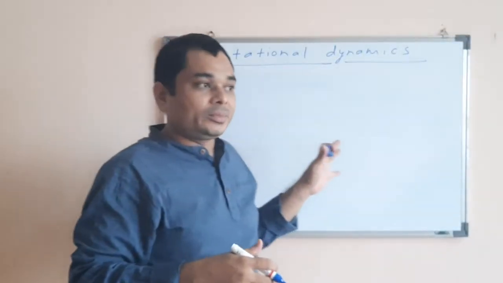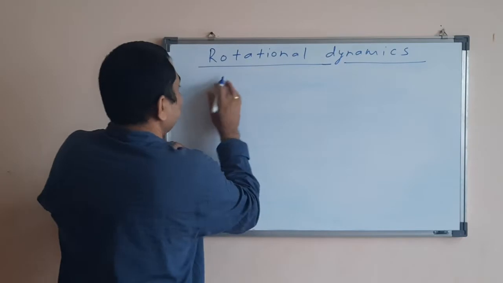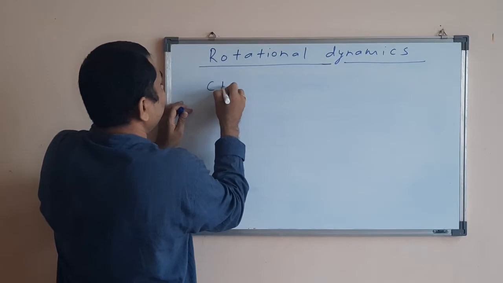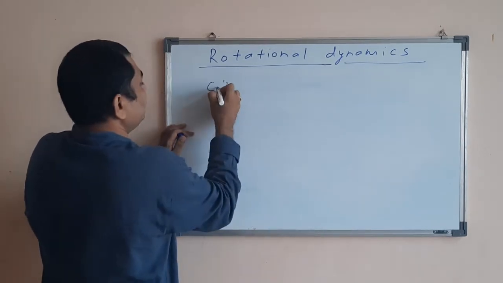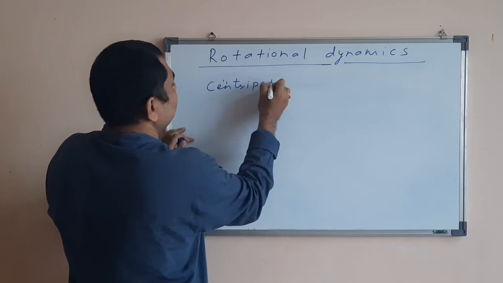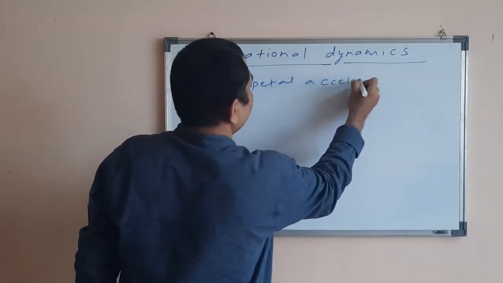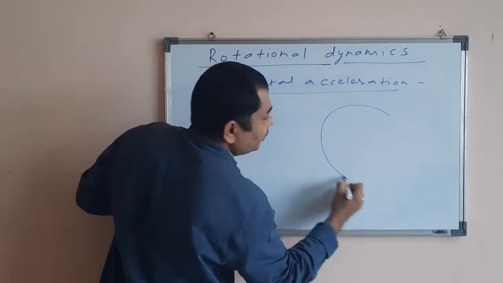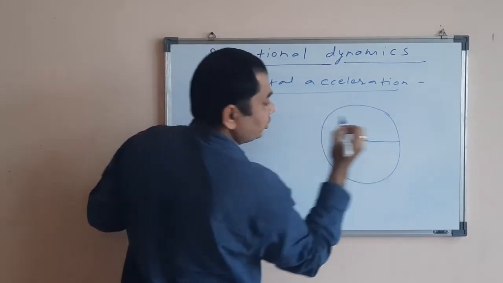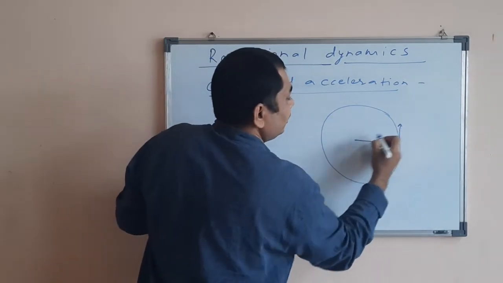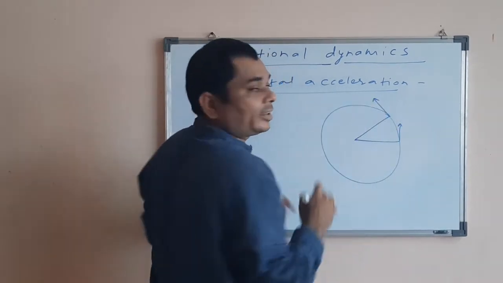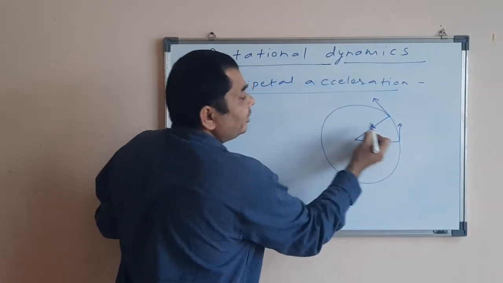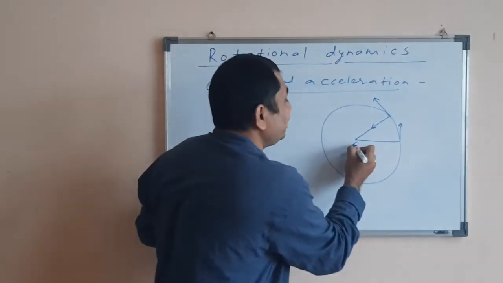Then let us see centripetal acceleration. If the particle is performing uniform circular motion, then this motion, as you are aware, is an accelerated motion, and this acceleration will always be directed towards the center and along the radius.